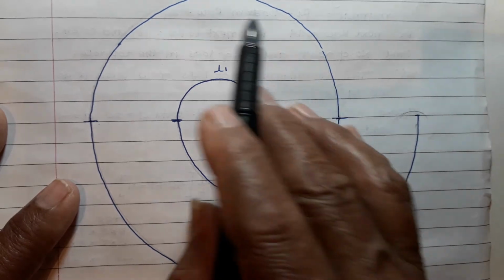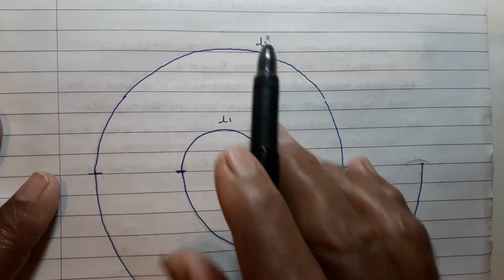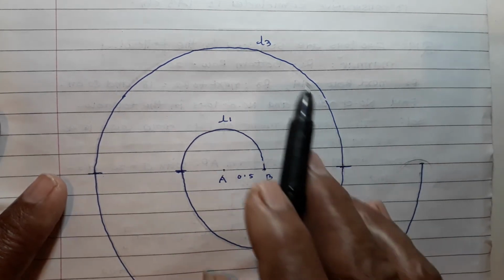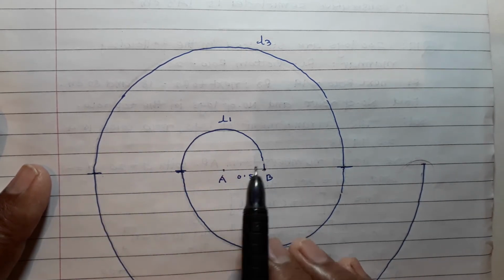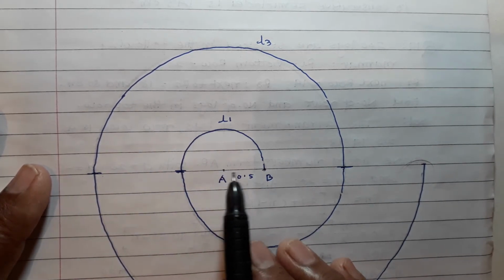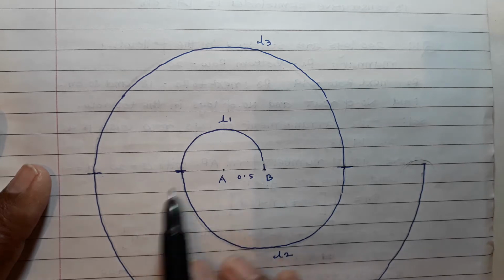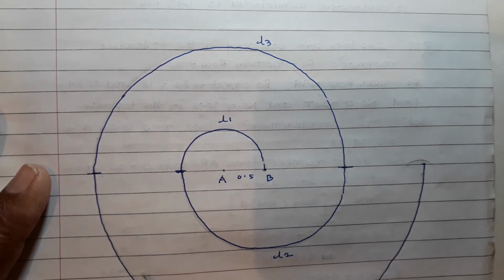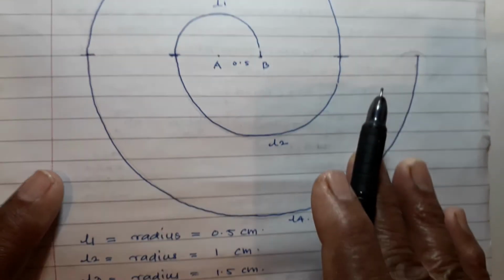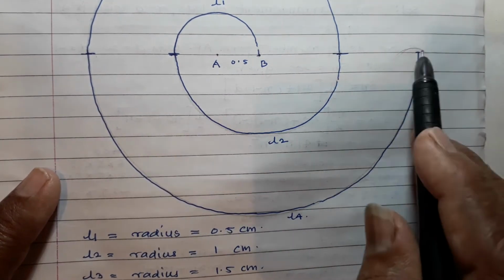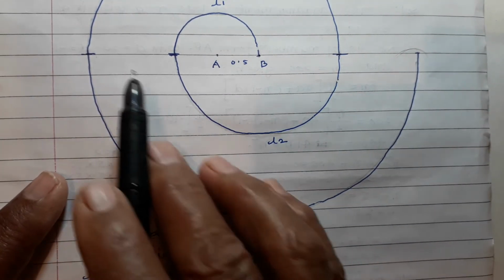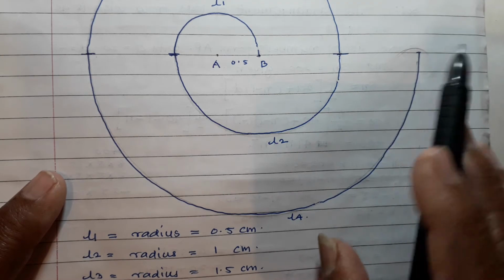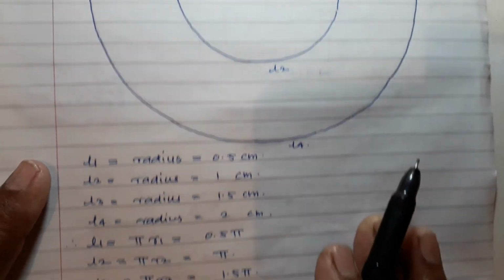A and B are the centers alternately. So suppose this is the L3 semicircle, and its center is A. Then B is the center, and draw this semicircle, whose length is L4. Now try to understand.